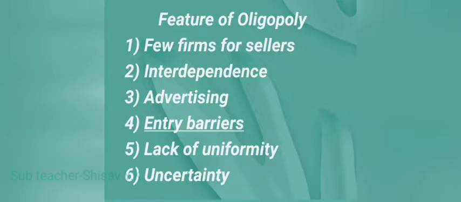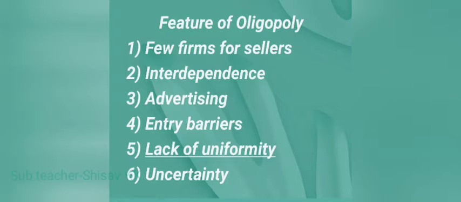Next point, entry barriers. The firms can easily exit from the industry whenever they want, but have to face certain entry barriers such as government license, patents, etc. The next one, lack of uniformity. There is a lack of uniformity among the firms in terms of their size.